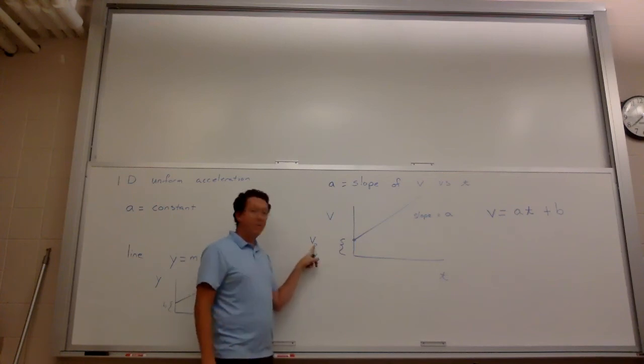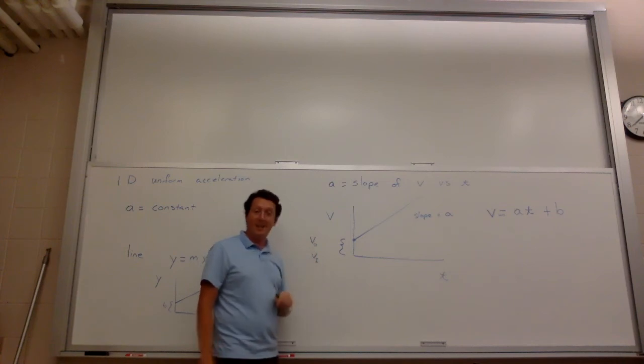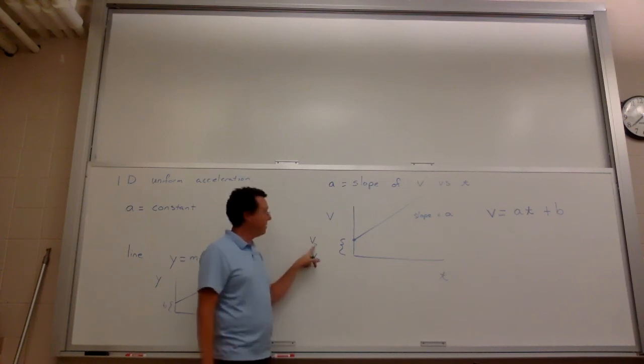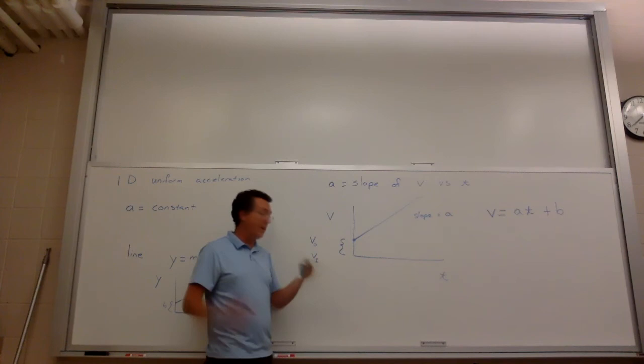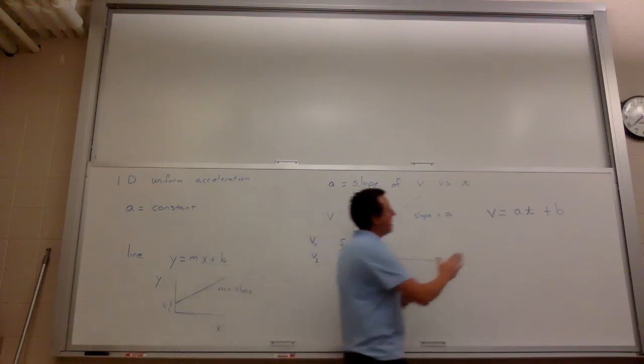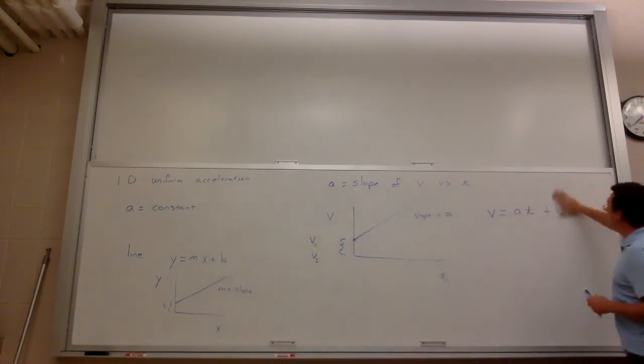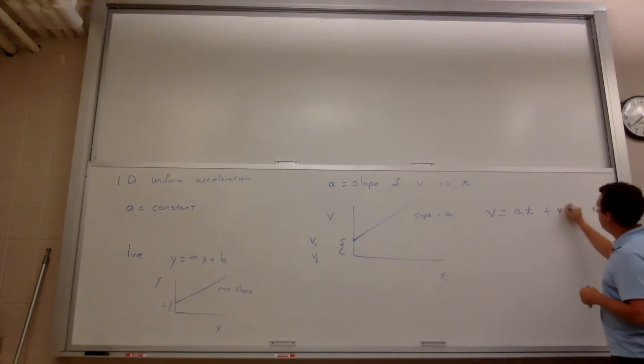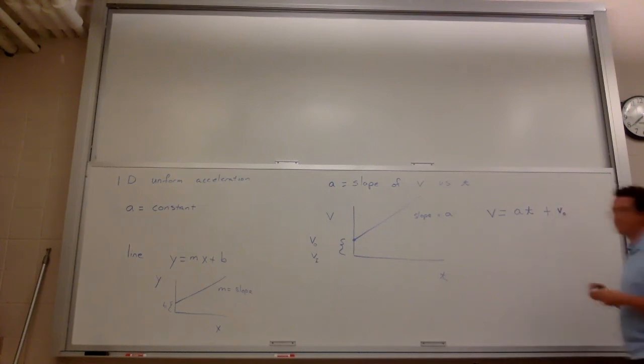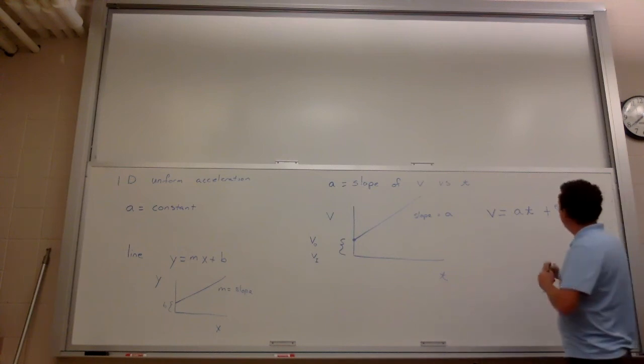Personally, I prefer 0 because I'm lazy and it's faster to write a 0 than an I. So I will write everything with a 0, but if you prefer I, it is totally fine. It's just whatever sticks in your mind. So instead of writing b, because I would never remember what that is, let's write V initial.